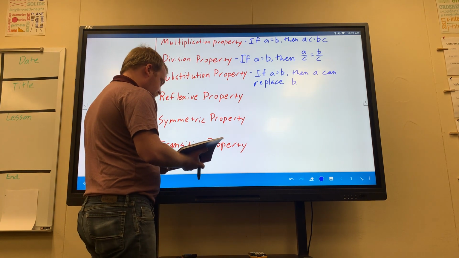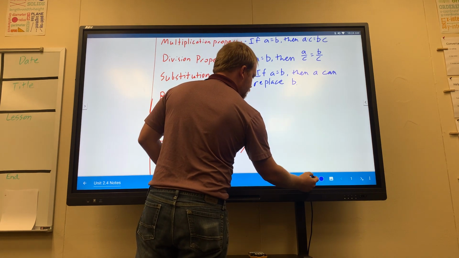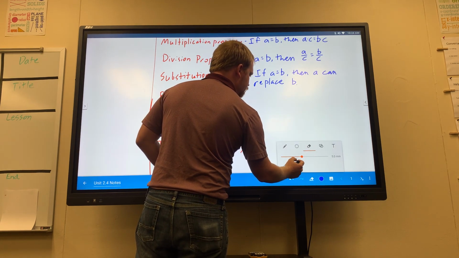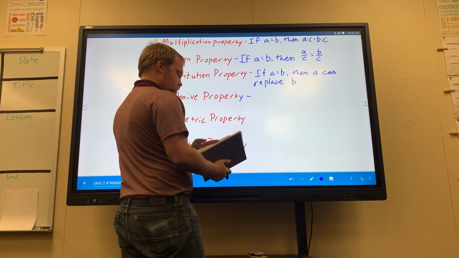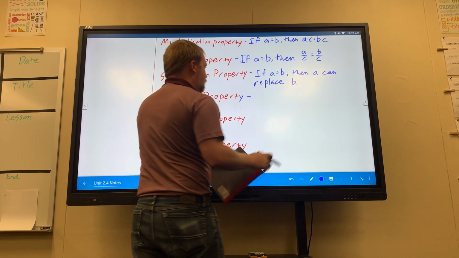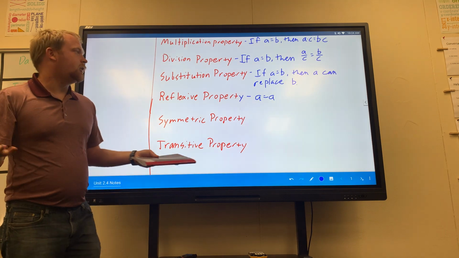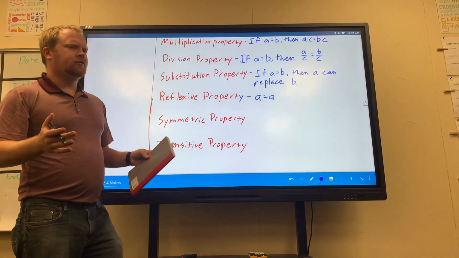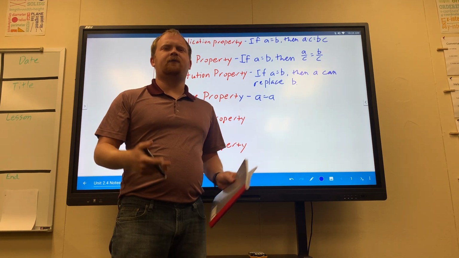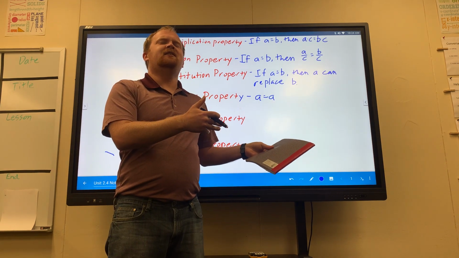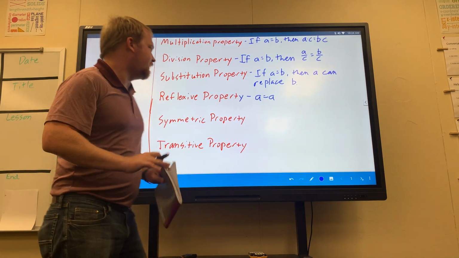Now, reflexive property. Reflexive property says A equals A. That's it. That's all it says. It's just like 1 equals 1, 2 equals 2, -5 equals -5. Whatever the value is, it equals itself, no matter what. So that's always going to be the case.